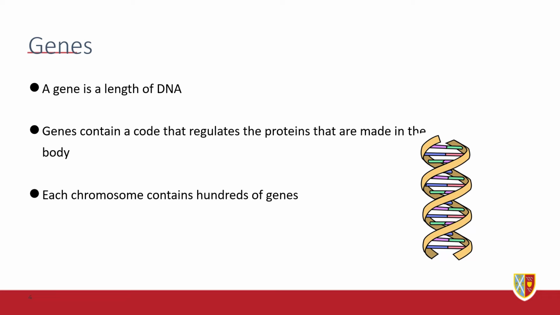They contain a code that regulates the proteins that are made in the body. Depending on which proteins you make, you'll have certain characteristics. Each chromosome could have hundreds of genes on it. So again, the difference with a chromosome is that it's a much longer section of DNA coiled up around proteins, and it could contain hundreds of different genes.